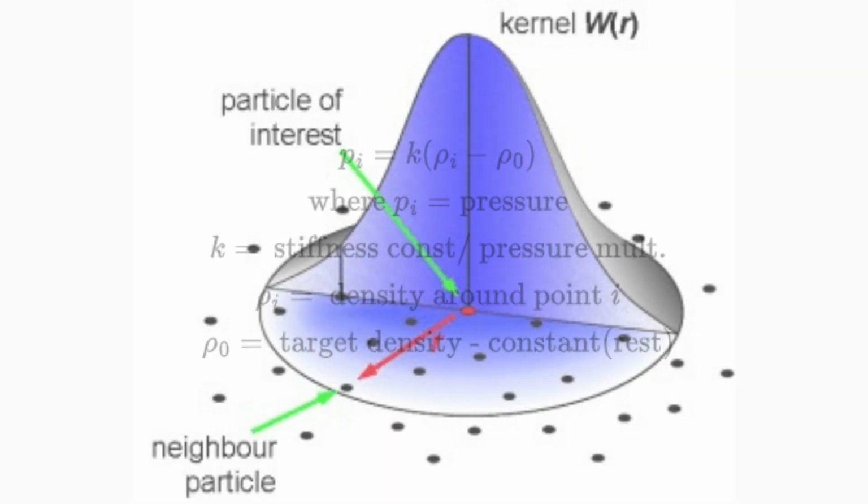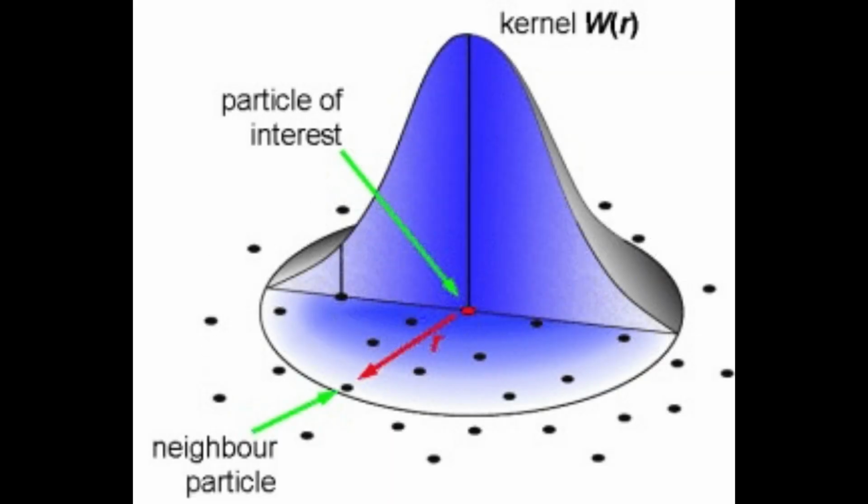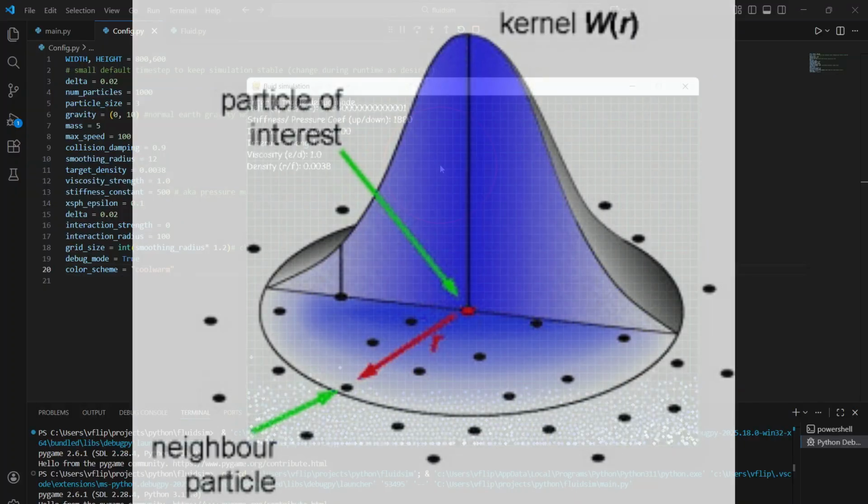If you're wondering what the smoothing kernel does, basically it calculates the influence of each particle j around the specific particle i in the smoothing radius. So you can multiply this influence value by whatever properties you want to calculate, like density or pressure.